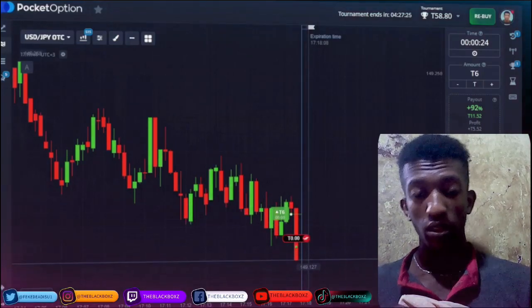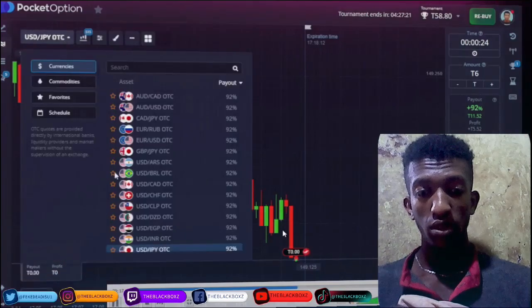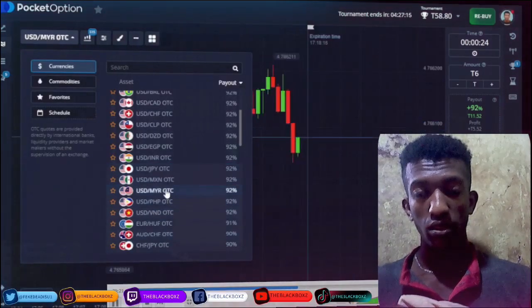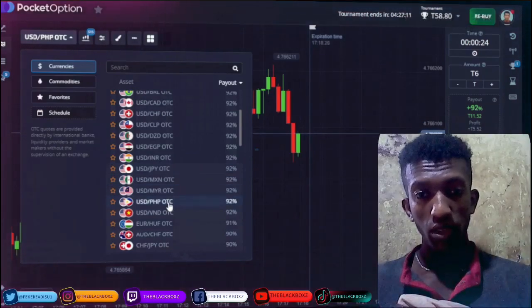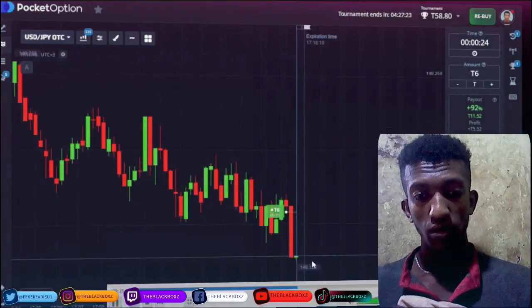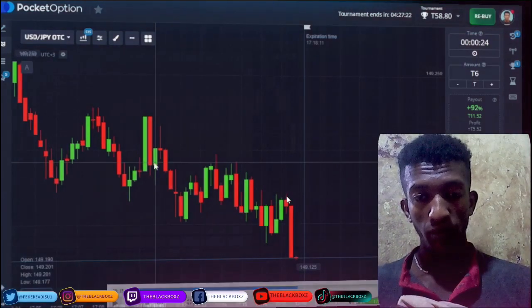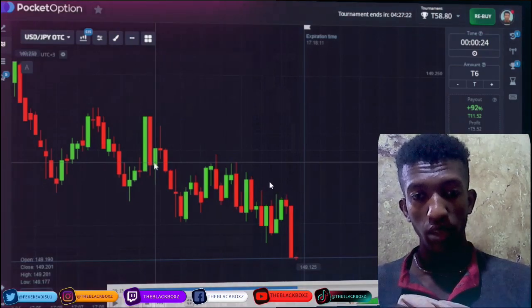So do not enter a buy. Let me stop here. So you can see I entered the buy right here. I didn't wait for it to break the upper bands just like this one.